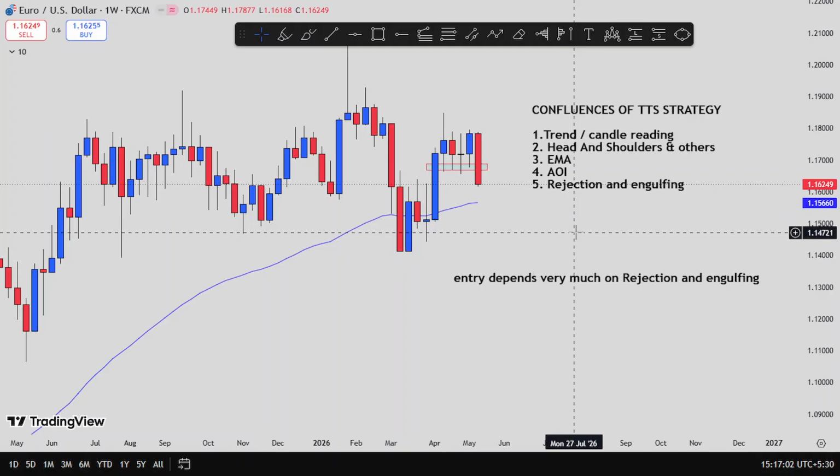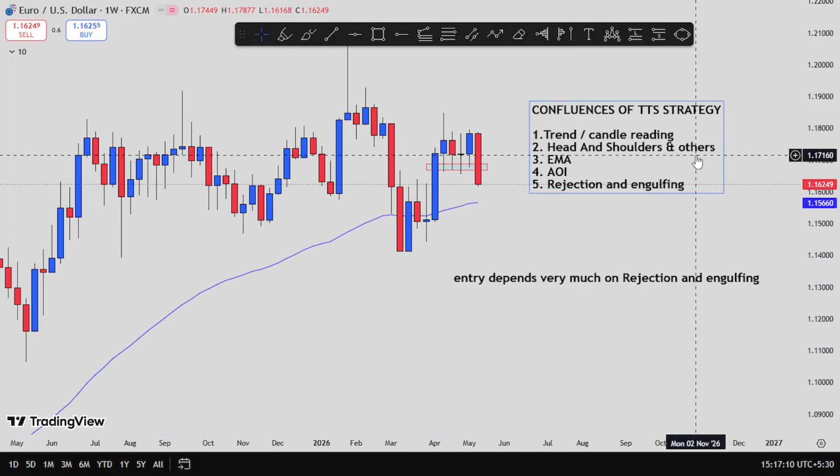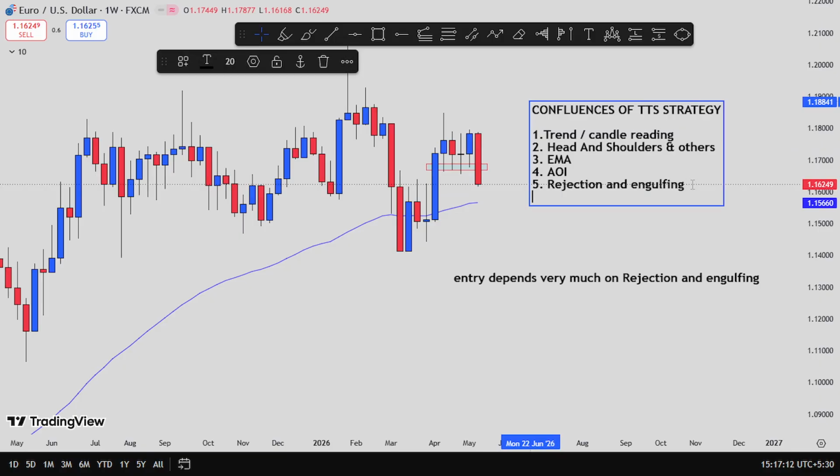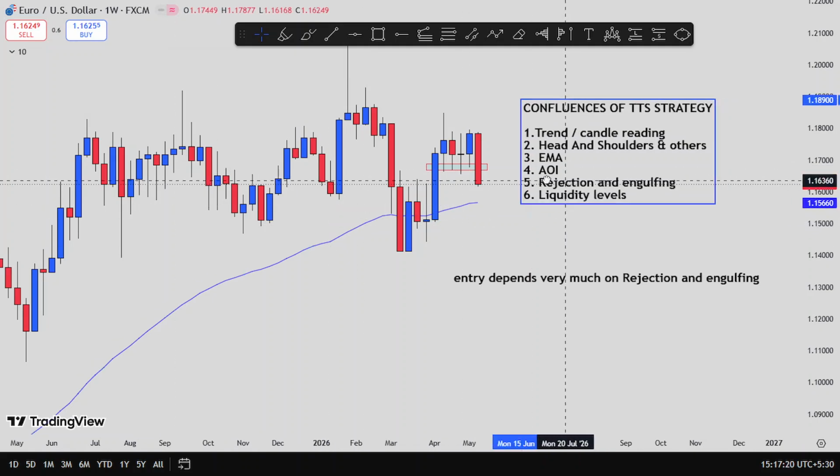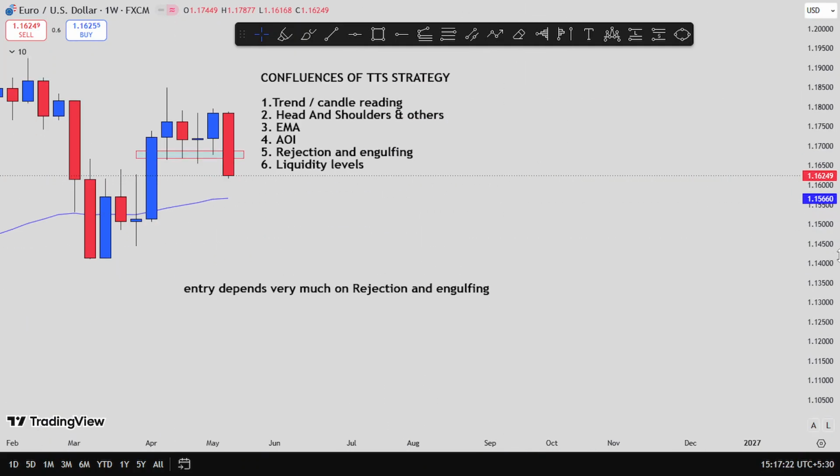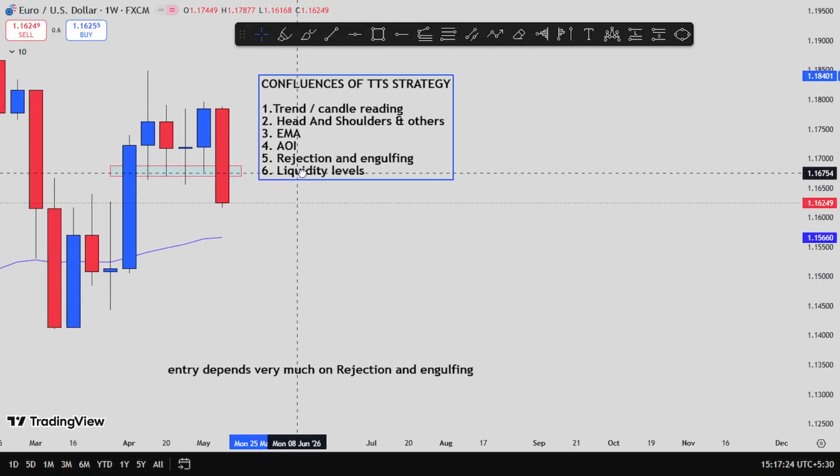Rest, talking about EMA, and then one confirmation which I have is liquidity levels. Now what comes under liquidity levels? These consist of simple wick levels. Yes, wick levels.